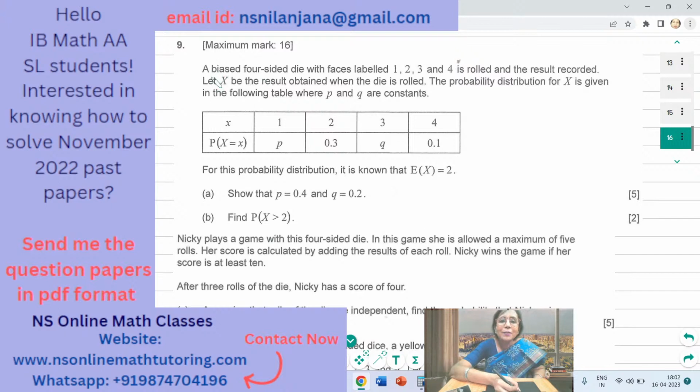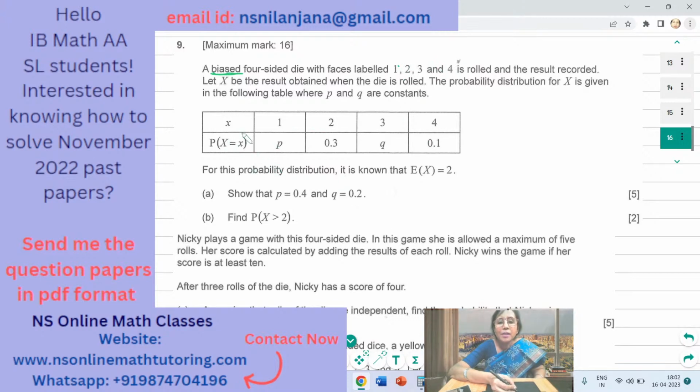A biased, four-sided die with faces labeled 1, 2, 3, and 4 is rolled and the result recorded. Let X be the result obtained when the die is rolled. The probability distribution for X is given in the following table where p and q are constants. X equal to 1, 2, 3, 4 because there are 4 numbers on the 4 faces.